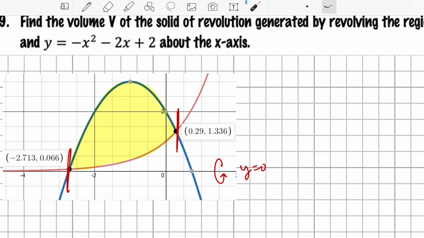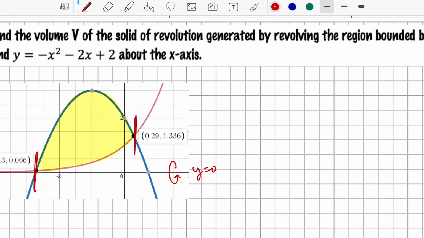So the function that is furthest away from the axis of rotation is the parabola that's upside down. Notice that that one is further away. There's a gap in here. So that means washers. So again, the function furthest away is the parabola. So in reality, just think of it as the parabola minus this y value, which is 0.